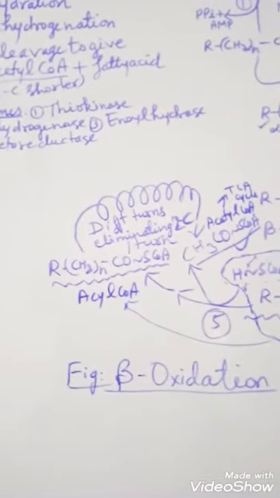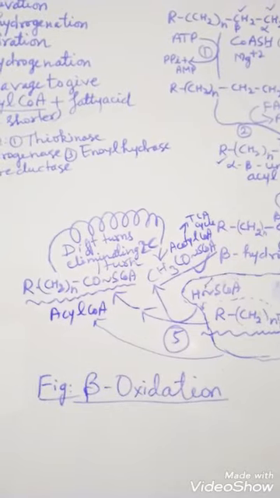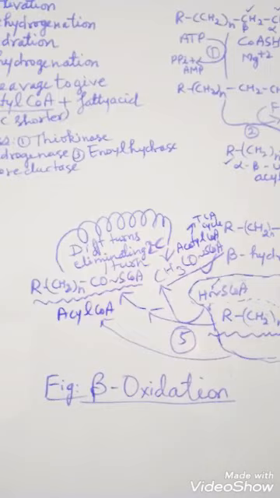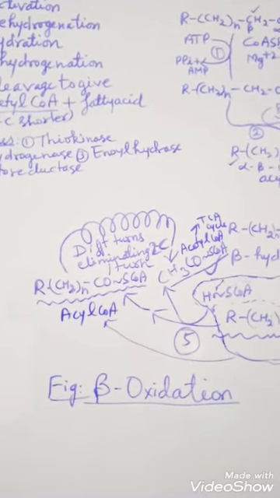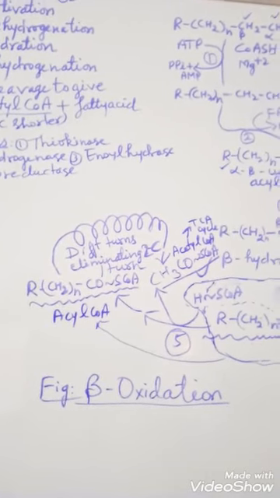Beta oxidation is a spiral event where a fatty acid, after its oxidation, is converted into a form which has a carbon chain smaller by two carbons.